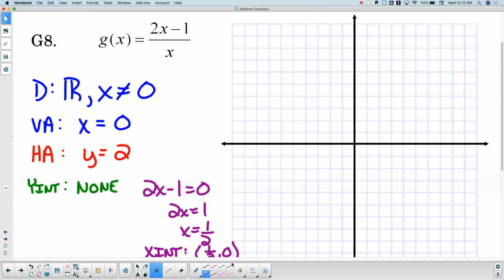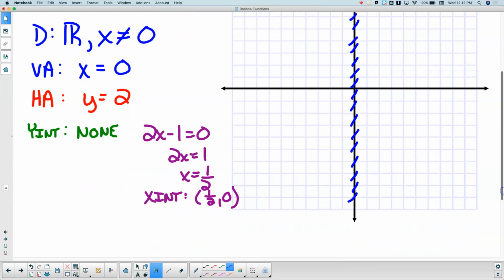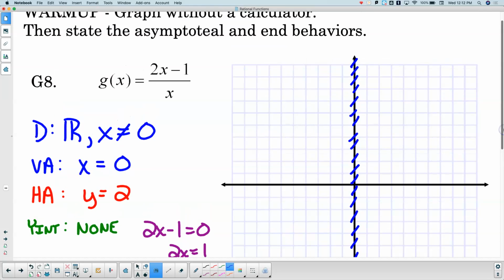Okay, so put some stuff on here now. X equals 0, so that one I would definitely do the old slash mark down because it's very important. All the way down. Y equals 2.